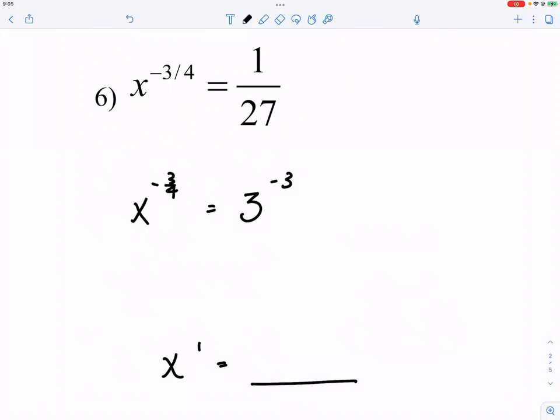So our goal is to make this exponent become 1. And the question is, how? How can we make the -3 over 4 power become 1?